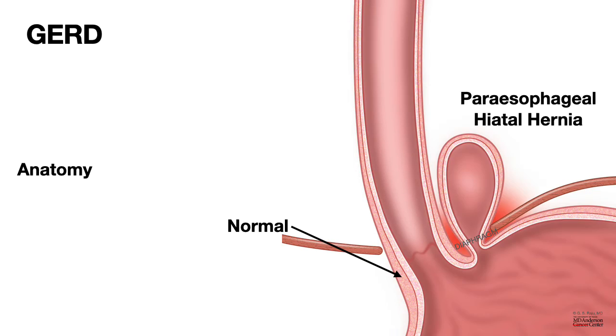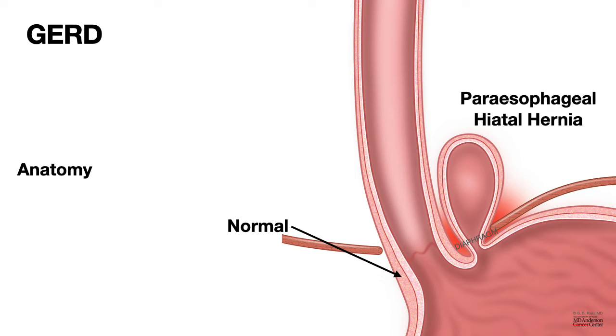In paraesophageal hiatal hernia, the gastroesophageal junction is pretty much located normally. The esophagus goes down through the hiatus into the stomach, below the diaphragm, but part of the stomach, that is the fundus of the stomach, prolapses up through the diaphragm parallel to the esophagus.